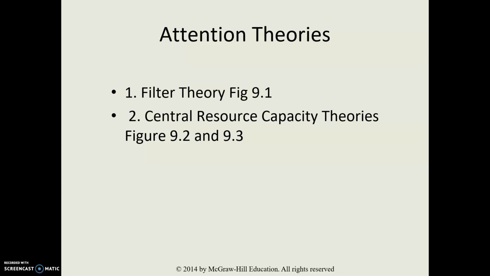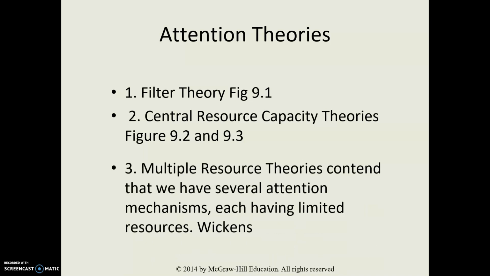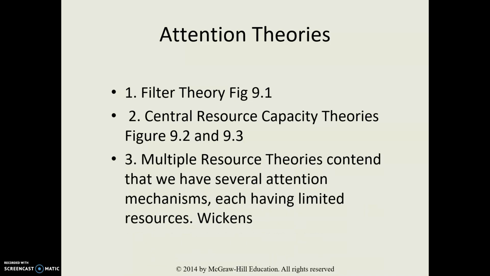Kahneman's theory of attention is actually an example of the central resource capacity theory. And then the final one was the multiple resource theories, and Wickens was the model that we looked at. So again, go back and review those 3 approaches to how we look at the area of attention.